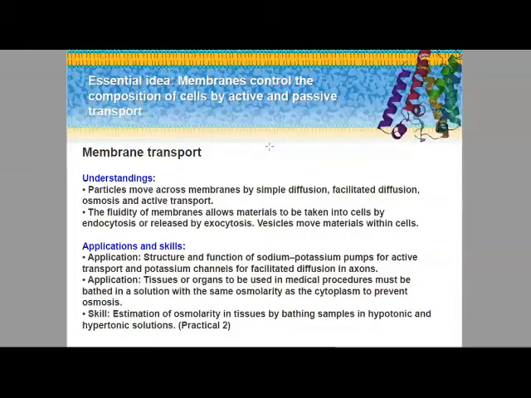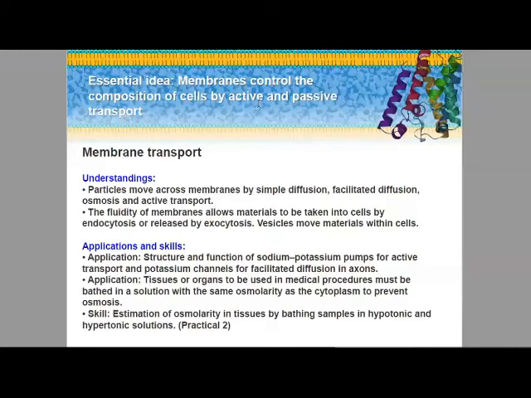The essential idea is that membranes control the composition of cells by either active and passive transport. So these topics are about the structure of the membrane and the way the membrane controls and regulates by several mechanisms the movement of molecules across the structure of the membrane.